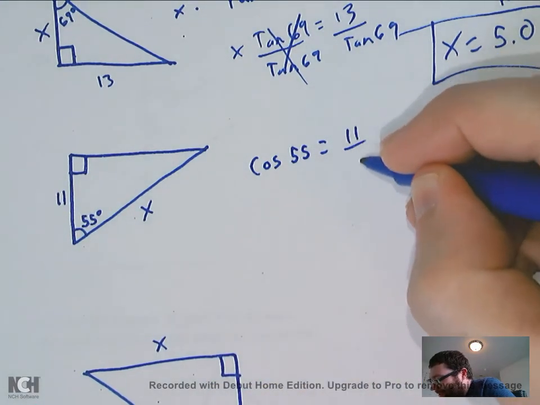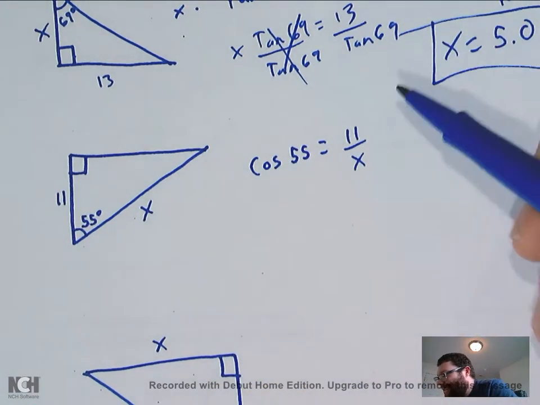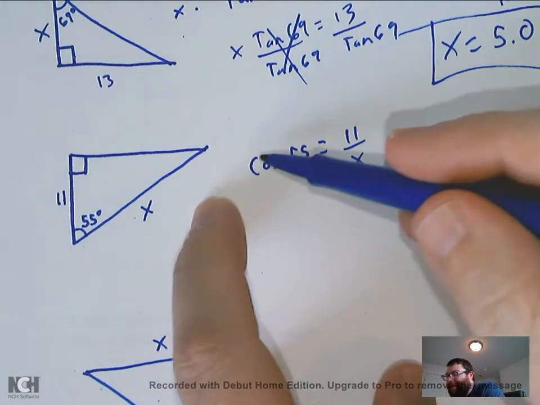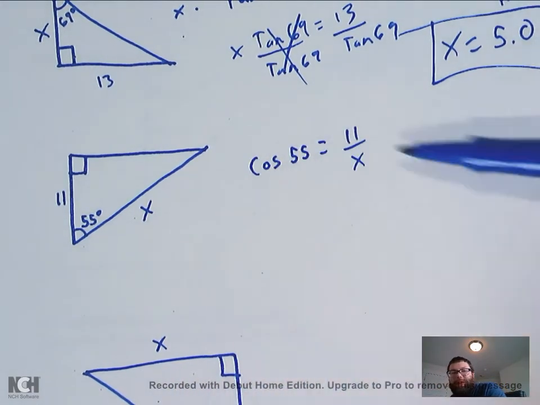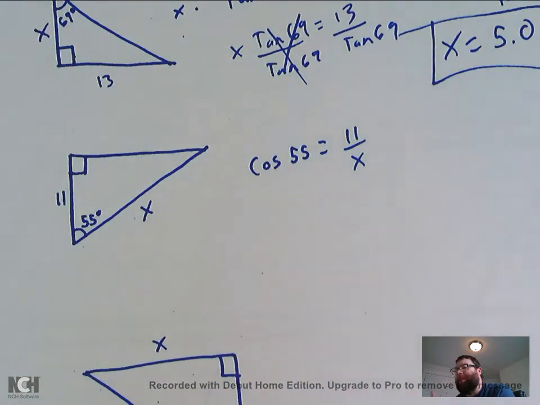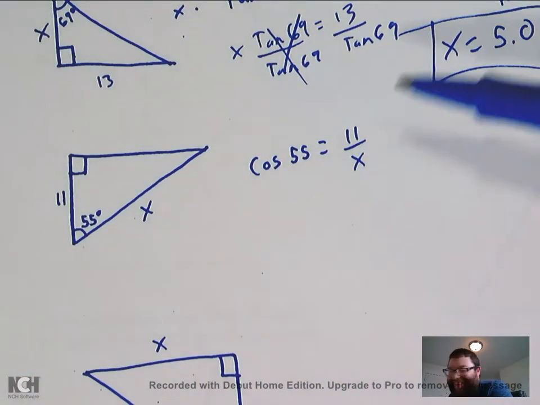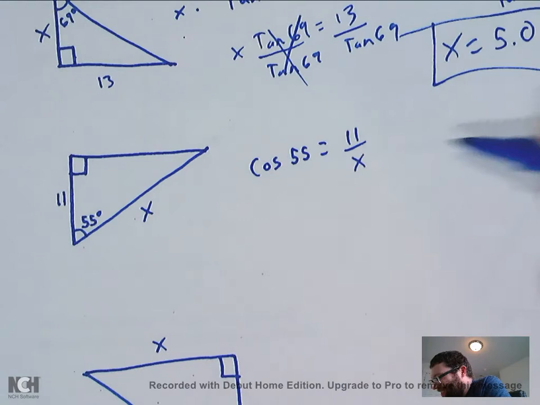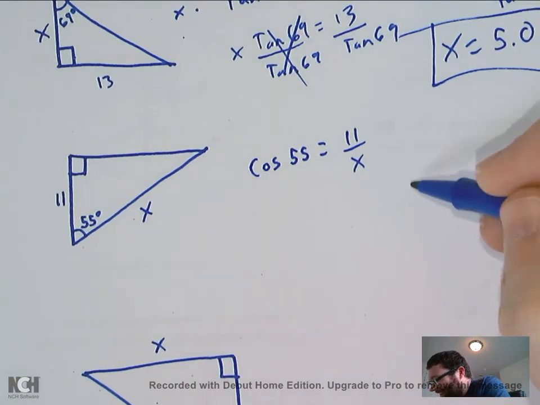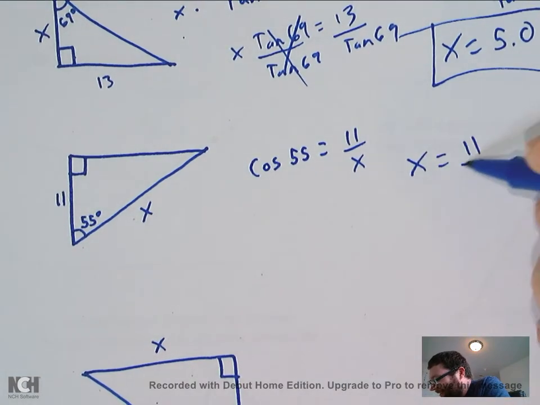So 11 over x. And again, it's going to be the same thing. If I multiply by x, I'm going to end up just switching those two numbers. So you would end up with x is equal to 11 divided by cosine of 55.